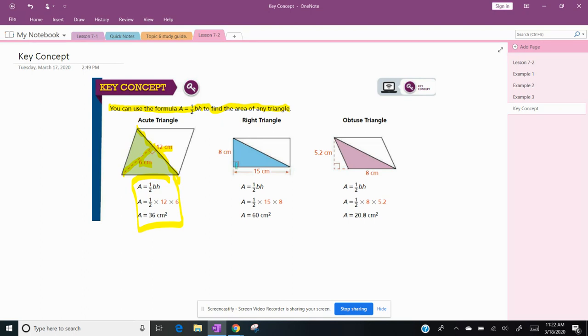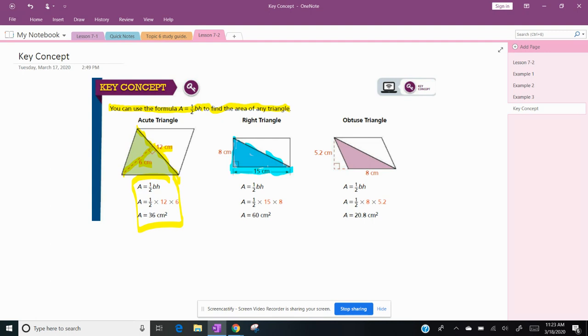it looks like the base, when it's a right triangle, it's going to be really easy because you're going to have a base of 15, a height of 8, and you can see every triangle here in the shaded area, it's half of a parallelogram, and that's why our formula works of 1/2 base times height. It's the same formula for a parallelogram, but then we take half of it.